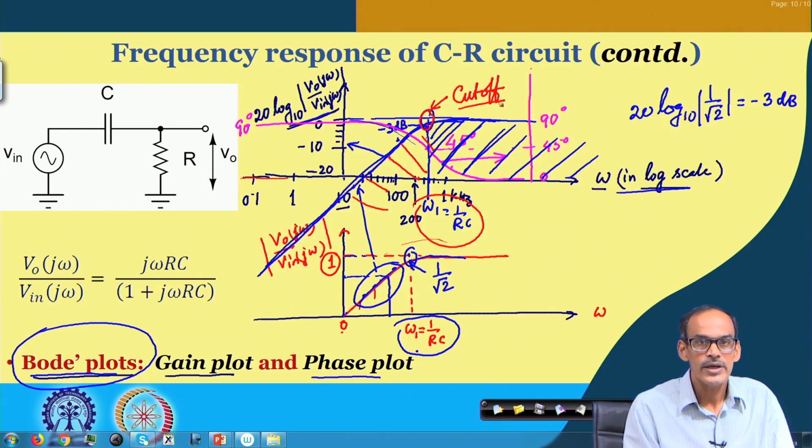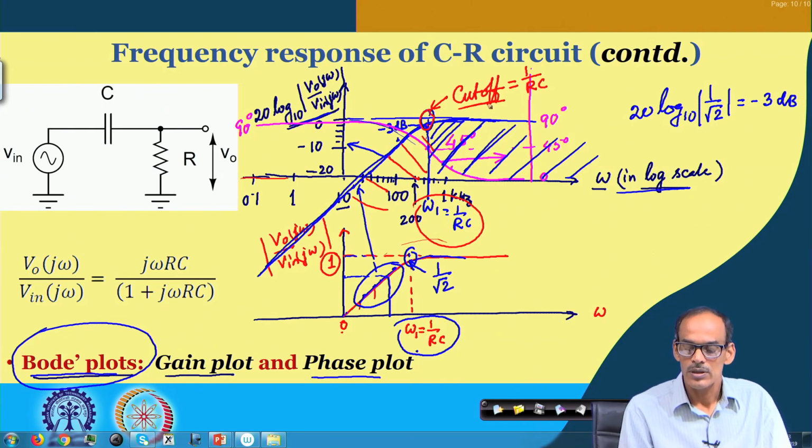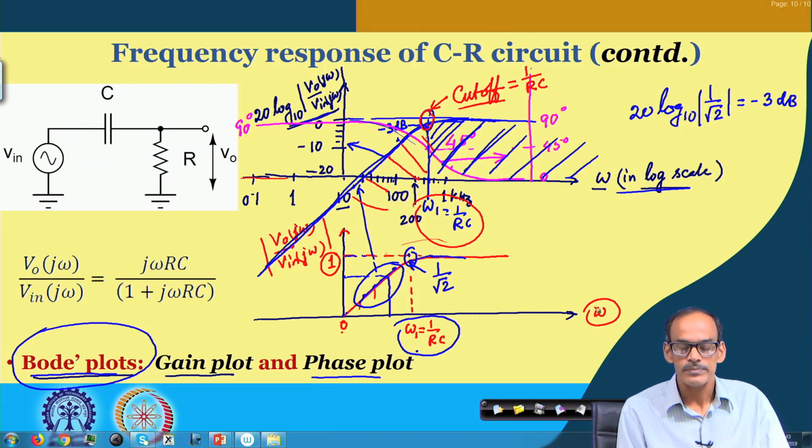So, for a CR circuit we can say that the cutoff frequency is 1 by RC, in case the frequency is expressed in radian per second. If it is in hertz, then of course, it will be 1 by 2 pi RC.